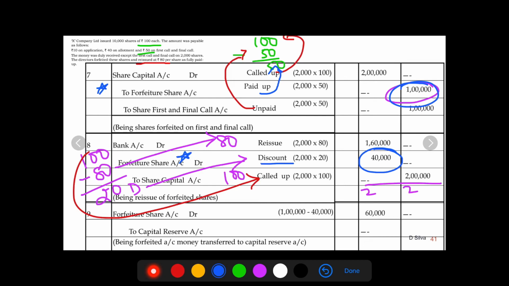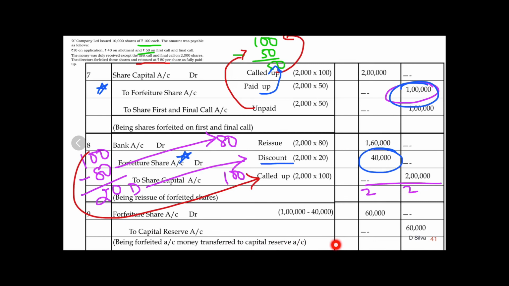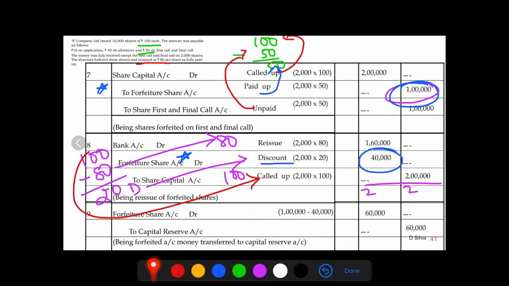We will get a capital gain of rupees 60,000 which is now transferred to capital reserve account. Well, this comes to an end of the solution. Students, please remember, the first 6 journal entries will carry 1 mark each. 2 marks is allotted for journal entry number 7, 2 marks for journal entry number 8, and 1 mark for journal entry number 9.